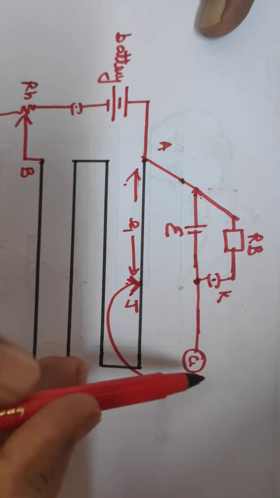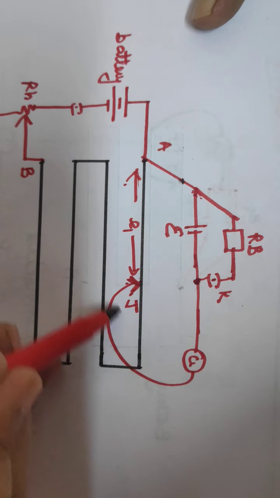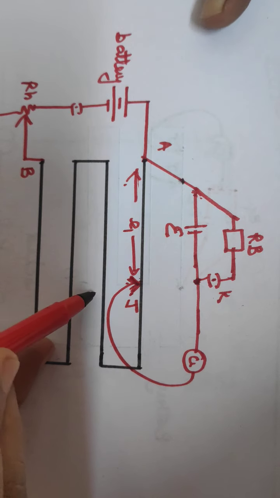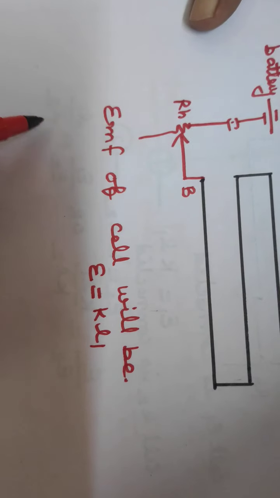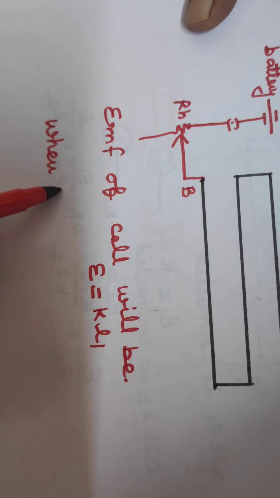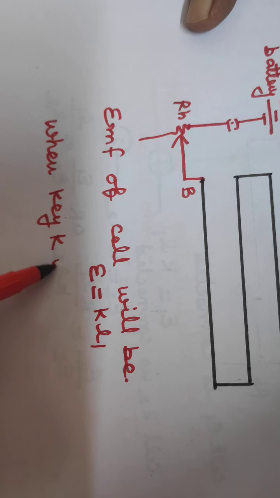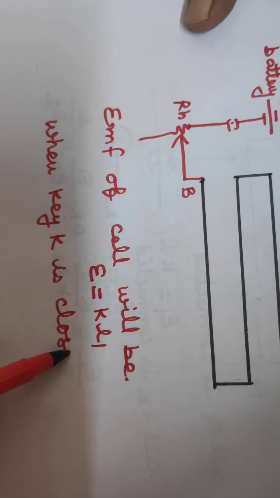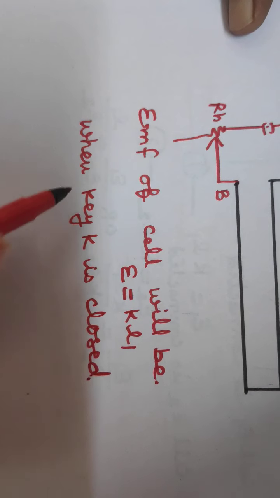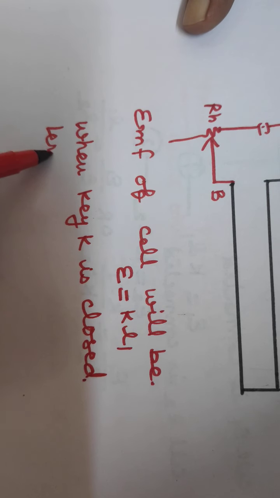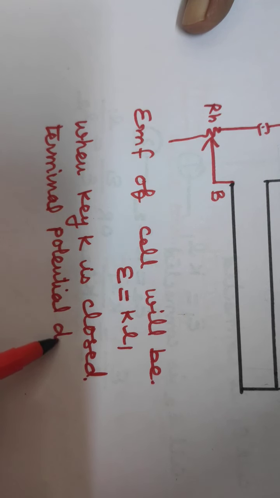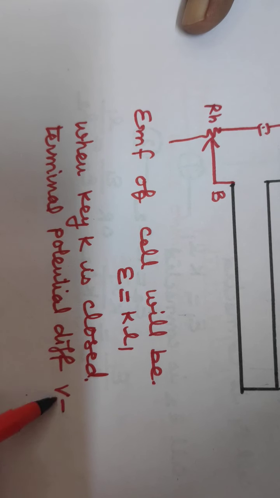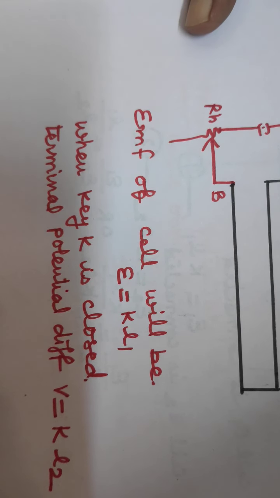So for the galvanometer, again we have to adjust the length L2 to get the null point again. So in this condition, when key K is closed, the terminal potential difference V equal to K L2, the length will be changed.